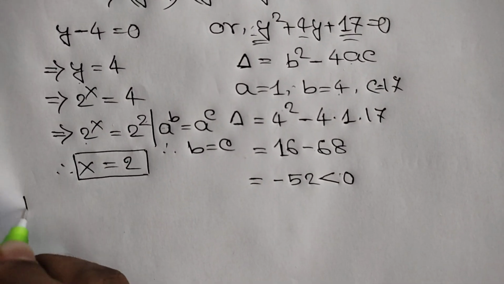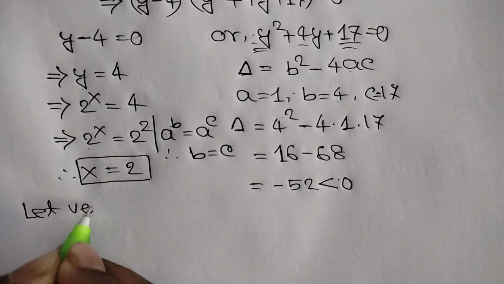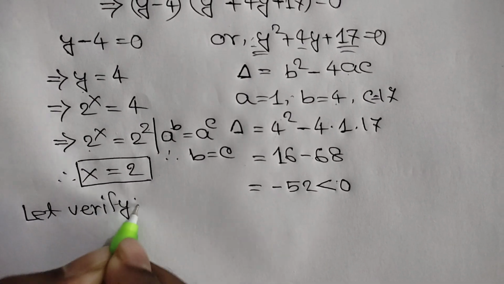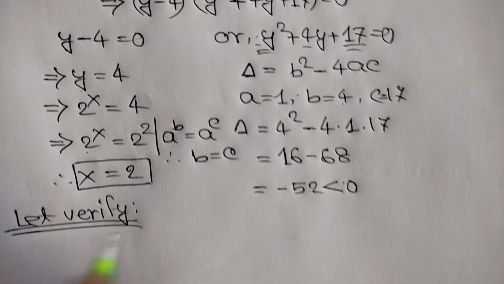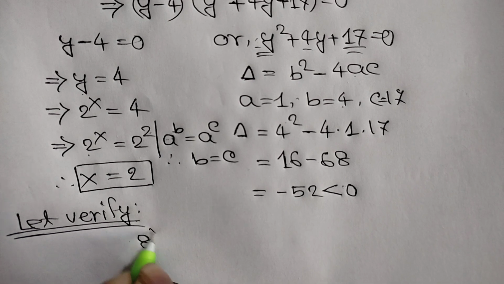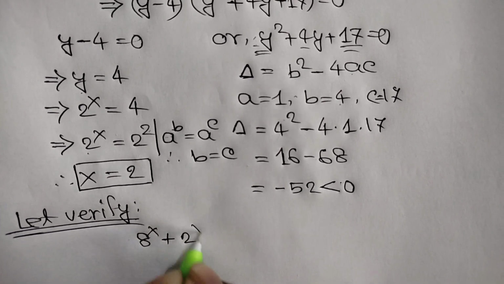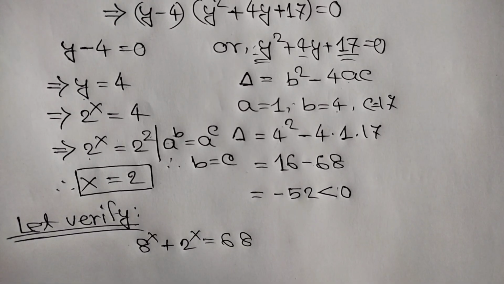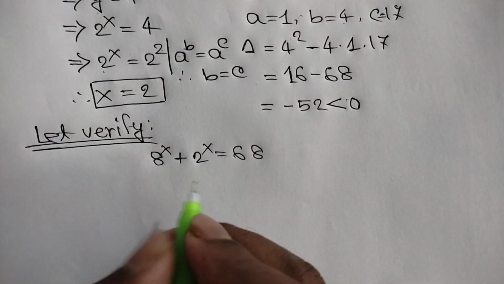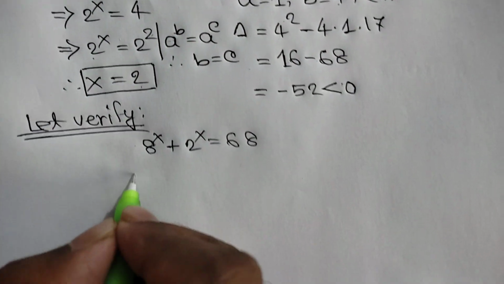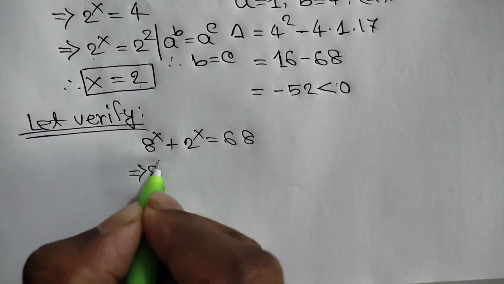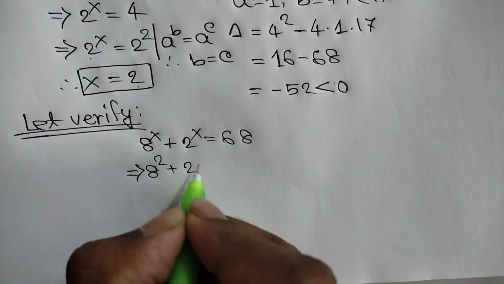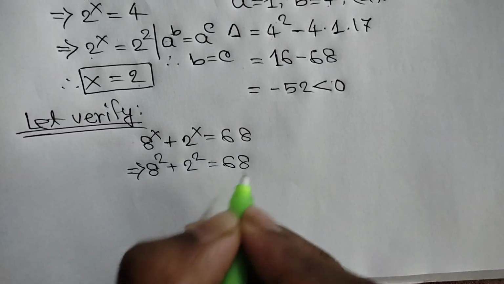Let's verify. Our equation is 8 to the power x plus 2 to the power x is equal to 68. Here x is equal to 2. So 8 to the power 2 plus 2 square is equal to 68.